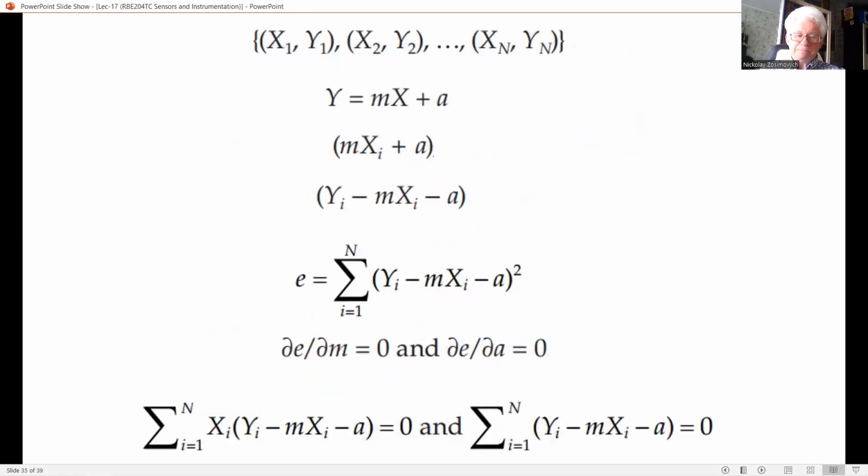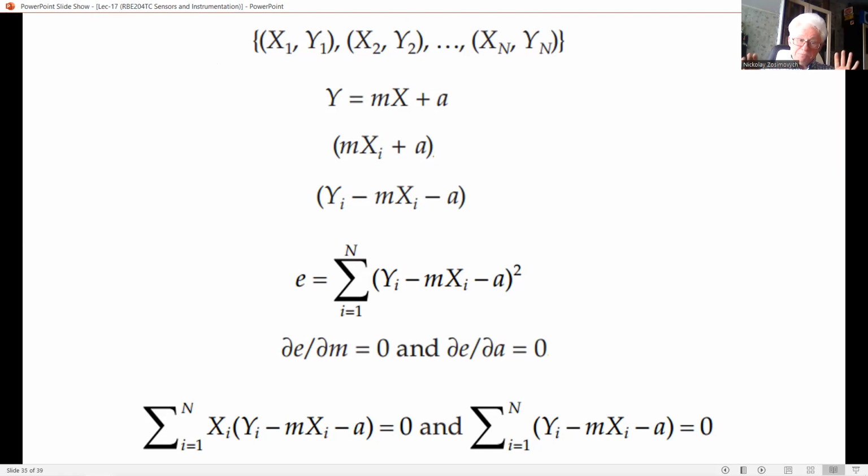Consider n pairs of data: x1, y1, x2, y2, and so on up to xn, yn, in which x denotes the independent variable or input variable, and y denotes the dependent variable or output variable of the process or system that is being identified.